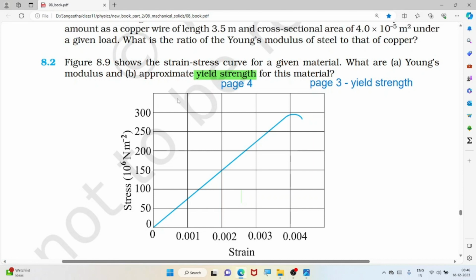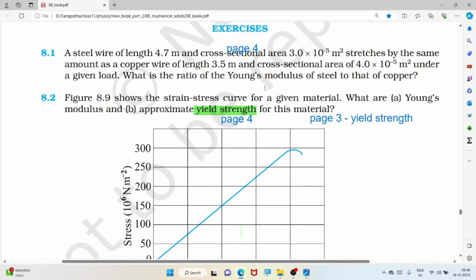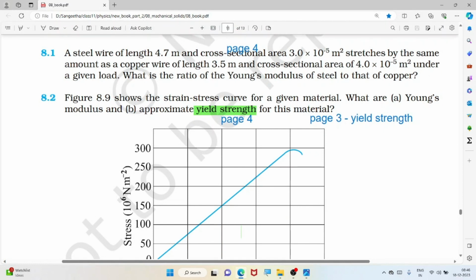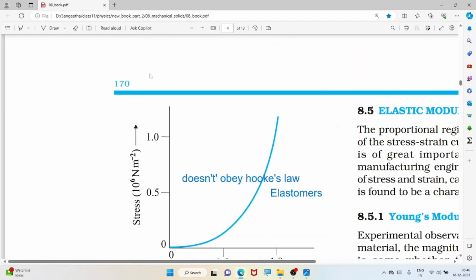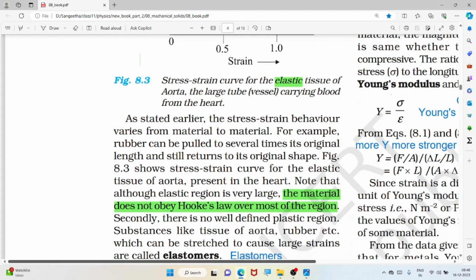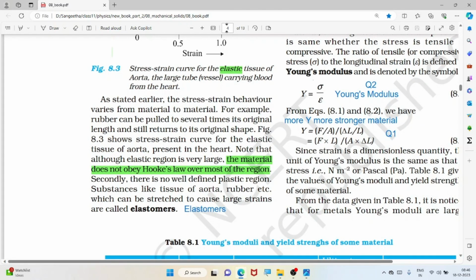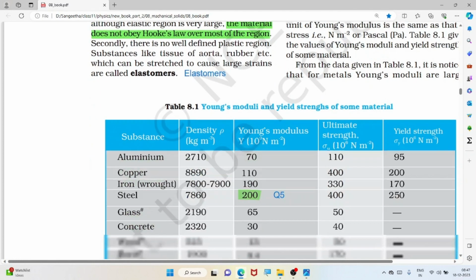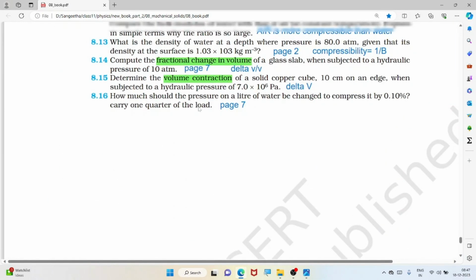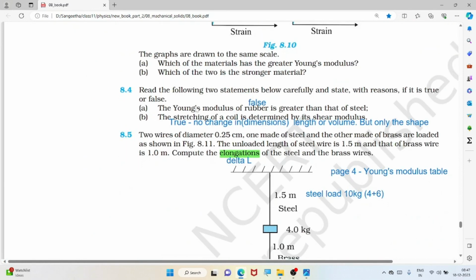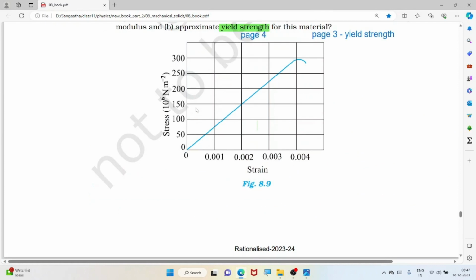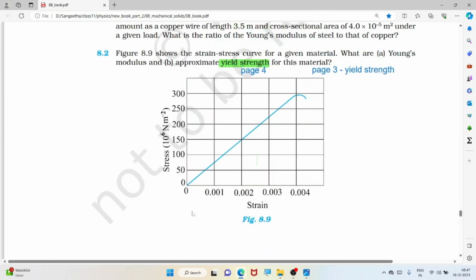Figure 8.9 shows the stress strain curve for the given material. What is the Young's modulus? B. Approximate yield strength. Okay, this is given in page 4. This is the Young's modulus, stress by strain.